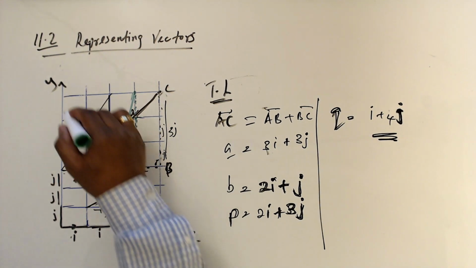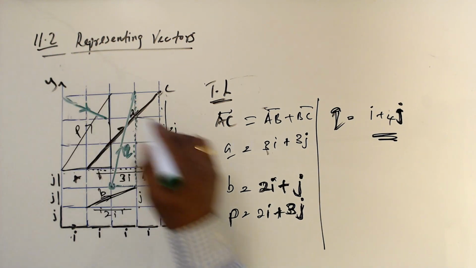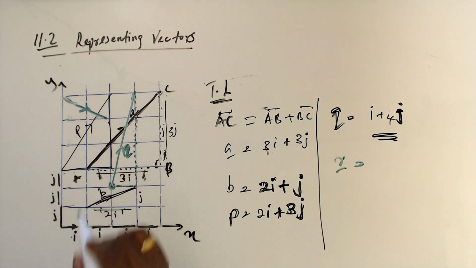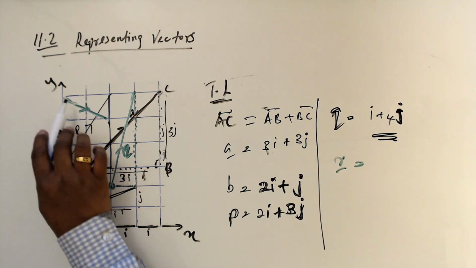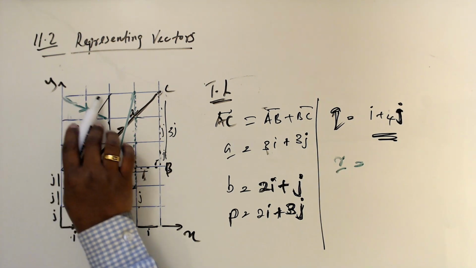Now I'll consider another vector. From here to here, I'll call it vector r. So how do you show vector r? You can come to here, go here, and then come down here. So this is the triangle.